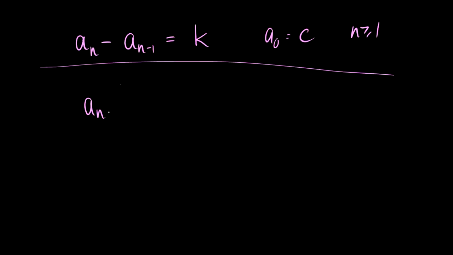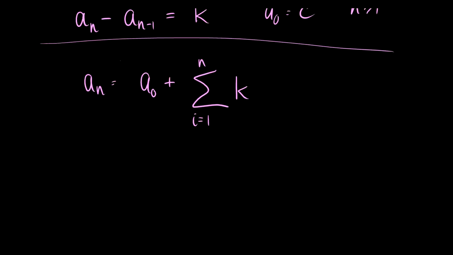so a_n is going to be equal to a_0 plus the sum as i goes from 1 to n of f(k). So, in our previous example, we had a_n minus a_(n-1) is equal to 2 times n.